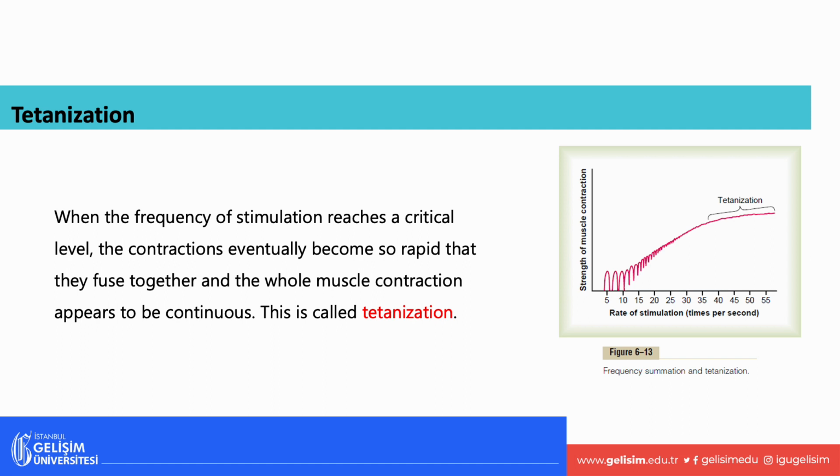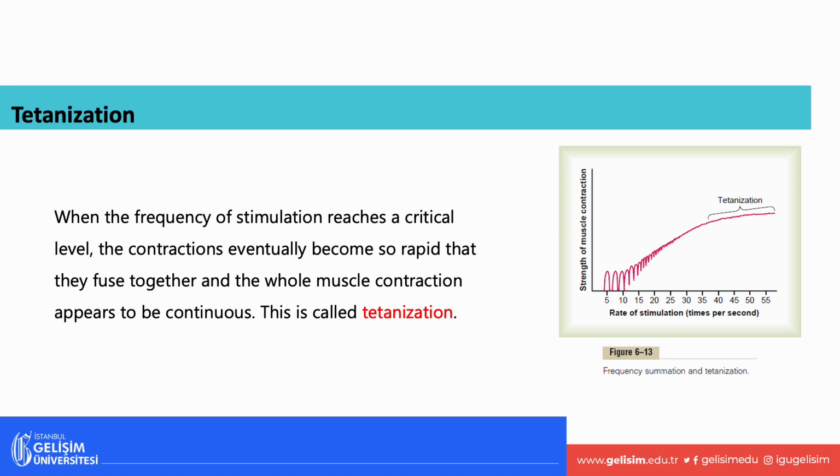As a result, the contraction appears continuous, and this sustained contraction is known as tetanus or tetanic contraction. Now, tetanic contraction can be classified into two types: unfused tetanus and fused tetanus.